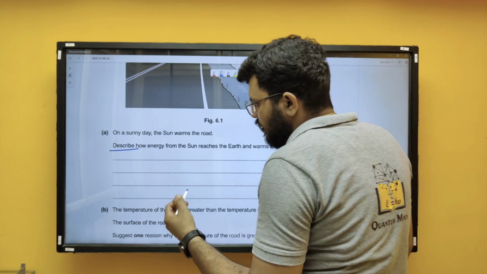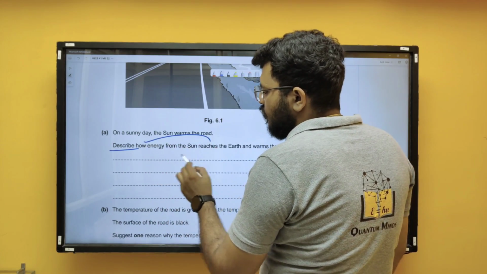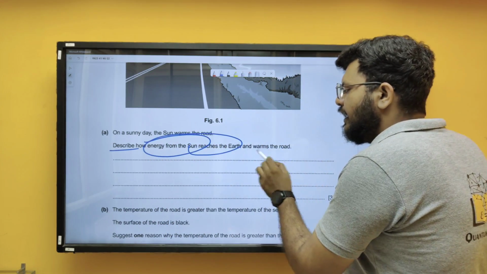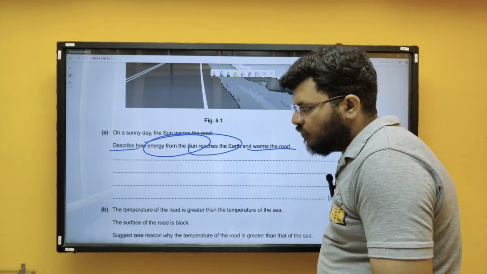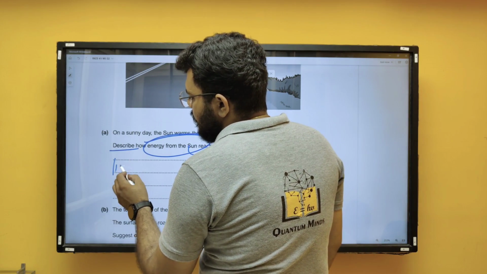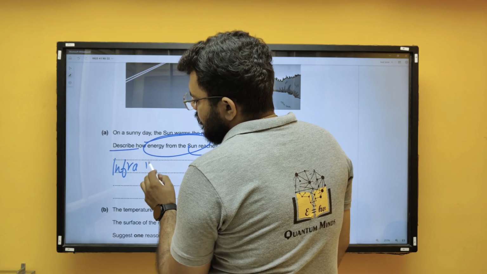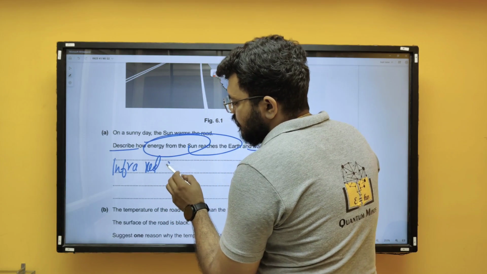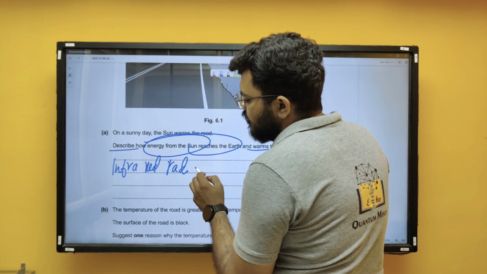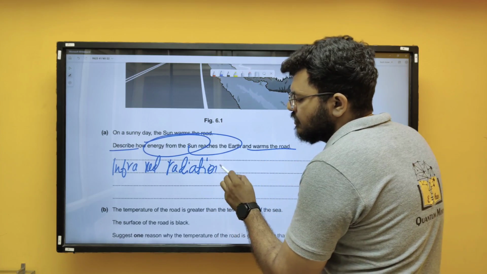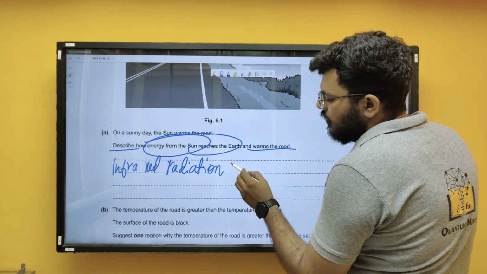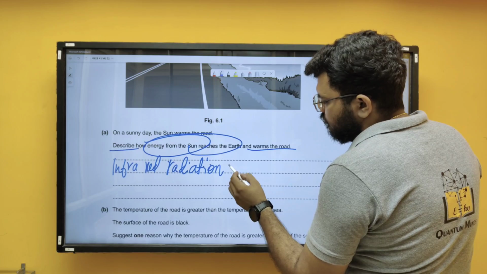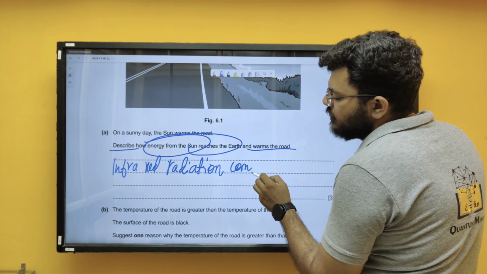You have to explain how it transfers from the sun to the earth and then it warms the road. So what happens is infrared radiation, okay, I'll call them radiation only, they are EM waves, come from the sun.